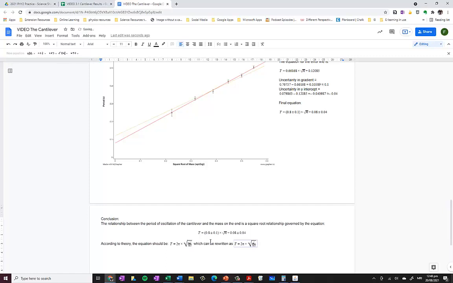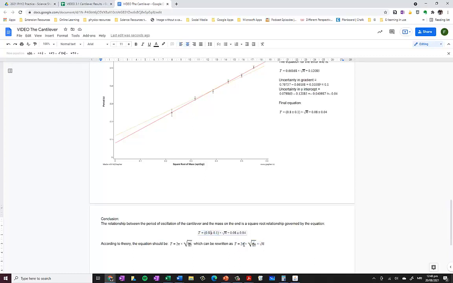And the reason I've rewritten it like this is so that I can easily compare this equation with my experimental one. So this stuff here should be equal to this.